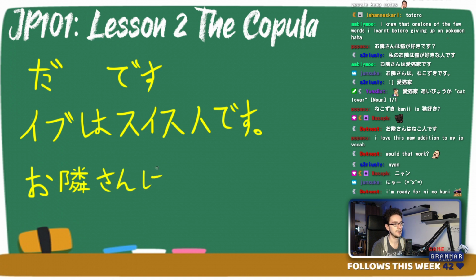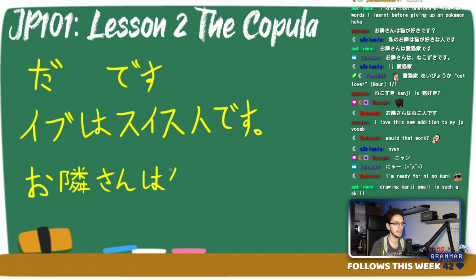Otonari-san wa nekozuki, which is like this. Neko, zuki. Nekozuki. Let's put some furigana too. Tonari.